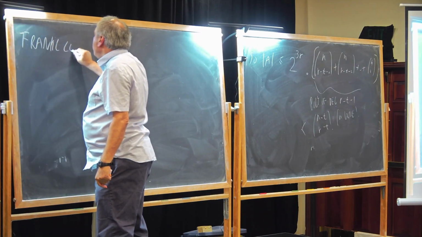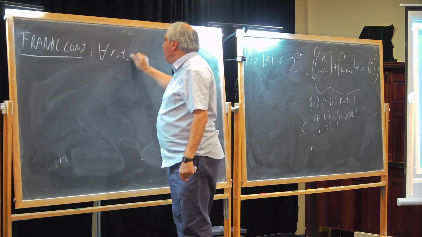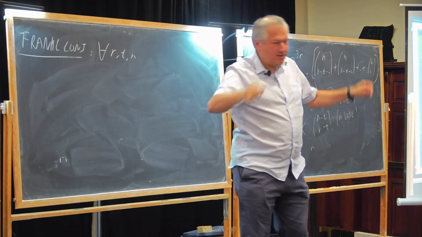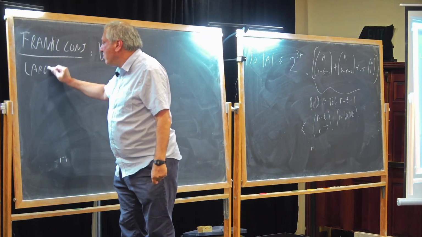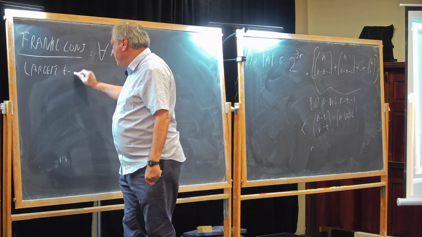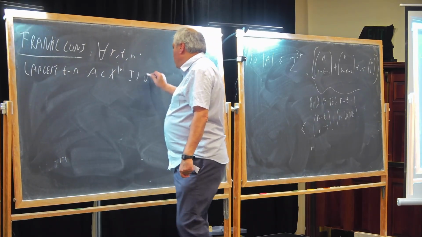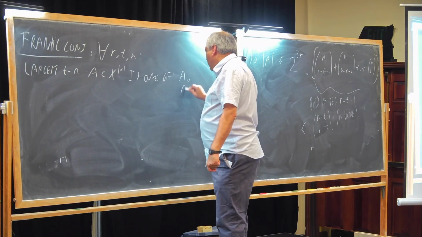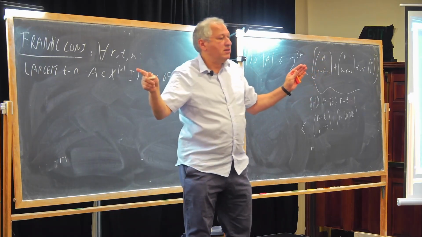For any R, t, n, the largest t-intersecting A living in X^(R) is one of A0, A1, A2, and so on, all those nice values we have.